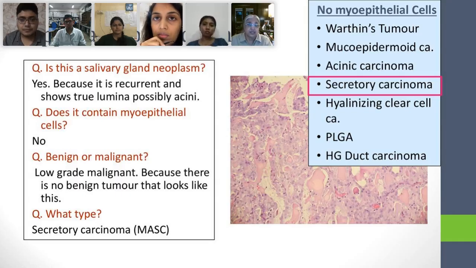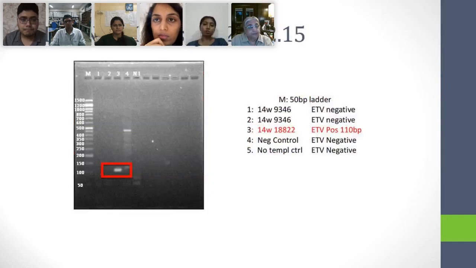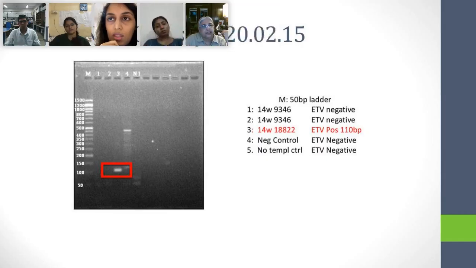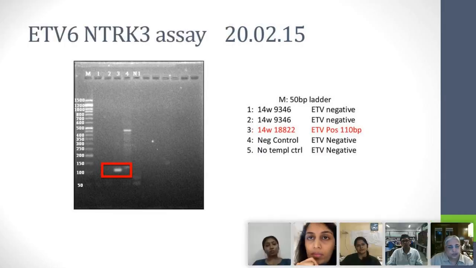But for years, we described it or reported it as an acinic cell tumor. Okay, and this has a specific translocation. It is the ETV6-NTRK translocation. Okay, so that's what this tumor actually is.